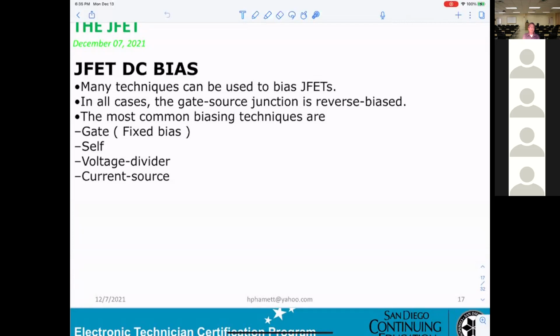Not depending on N channel, P channel. But we're not talking about building. We just try to see how the fixed bias works and how you do the calculation. That's only a very narrow area.